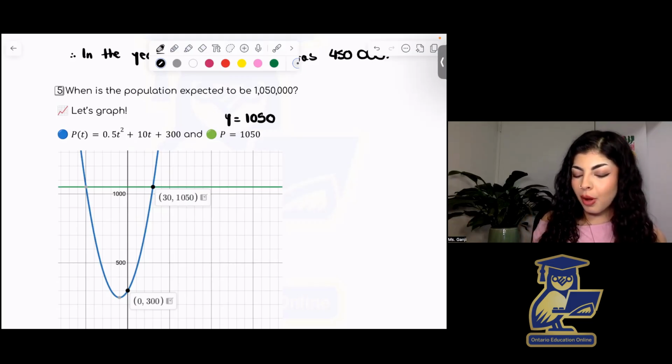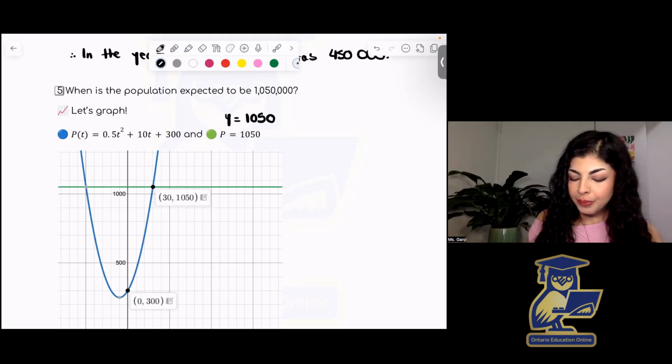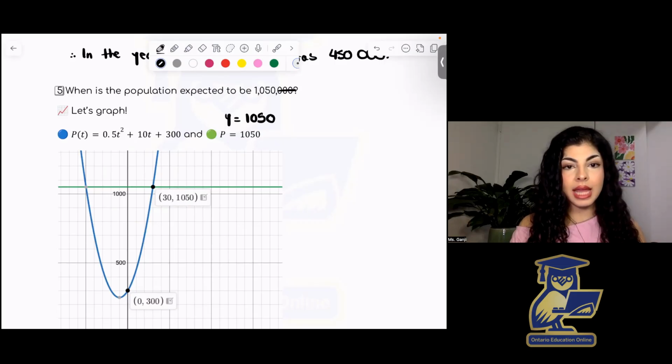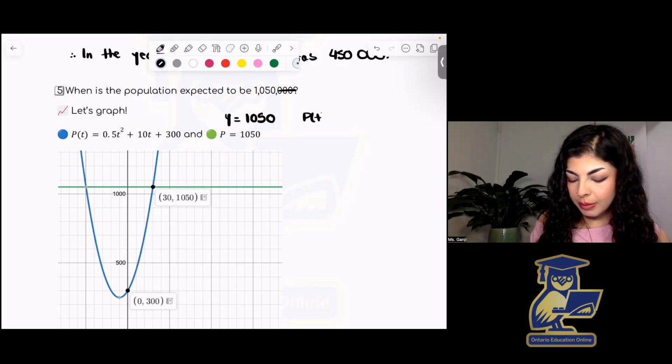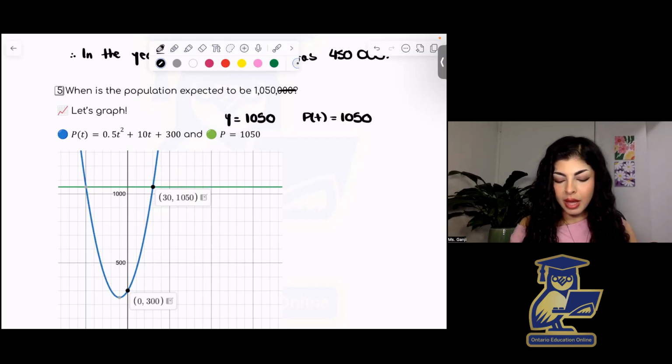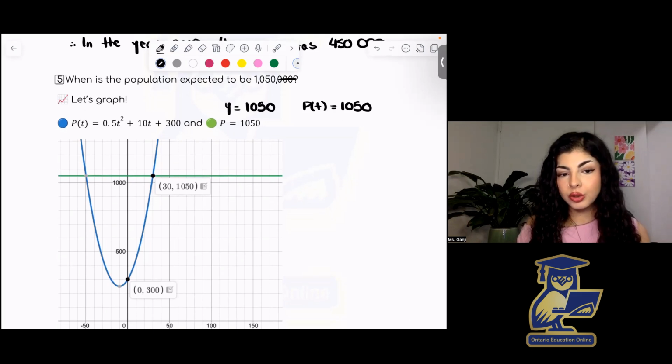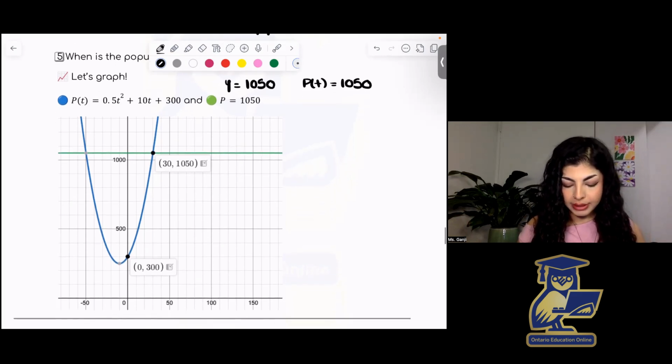So again, remember, because the population is in thousands, when we are solving this, we have to get rid of those 3 zeros at the end. So the P of t will actually be 1050.